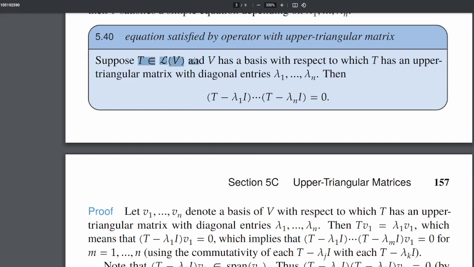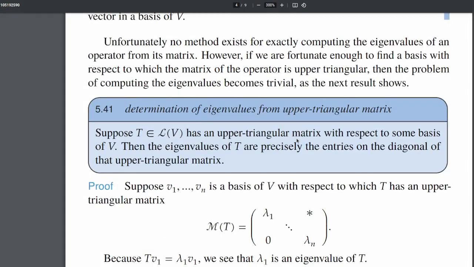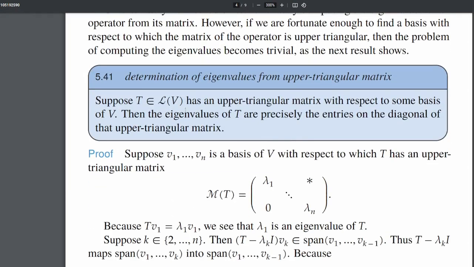But we proved that if T was an operator on V, and V has a basis with respect to which T has an upper triangular matrix, then the minimal polynomial of T is a scalar multiple of the product of (z minus lambda 1) through (z minus lambda n), for lambda 1 through lambda n the diagonal entries of that matrix, which we also later showed were, in fact, the eigenvalues of T.